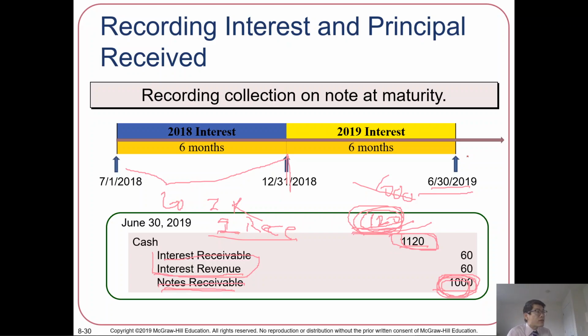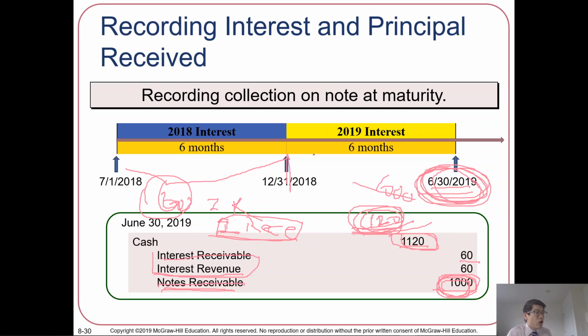And now, on the maturity date, we do receive that $60 that we should have received from Julia. So we no longer have interest receivable for this $60. So we will credit interest receivable for $60 to decrease the balance.